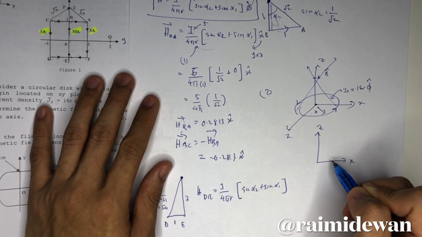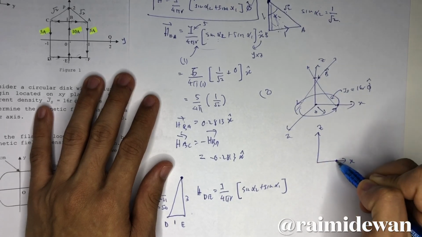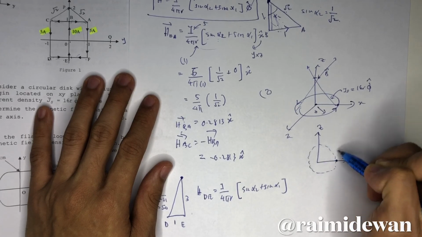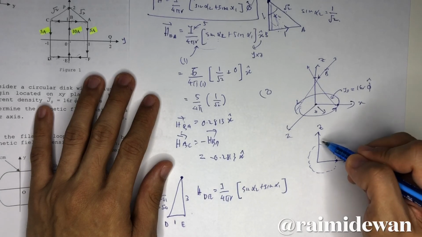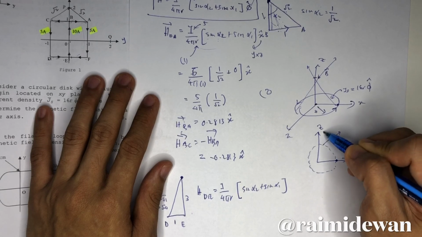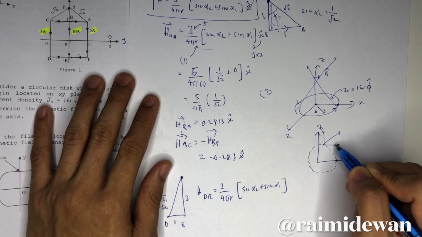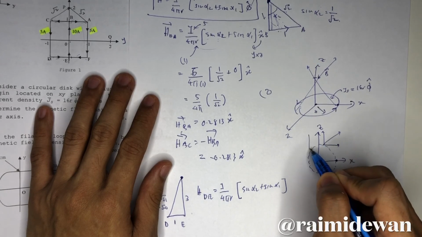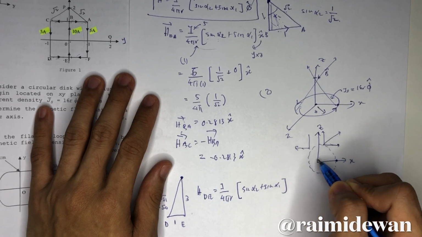Let's say here is your point. Then you have the vector direction like this. So you need to split it into horizontal and vertical, and later on some will cancel out, because like this and this, they cancel out from one another.